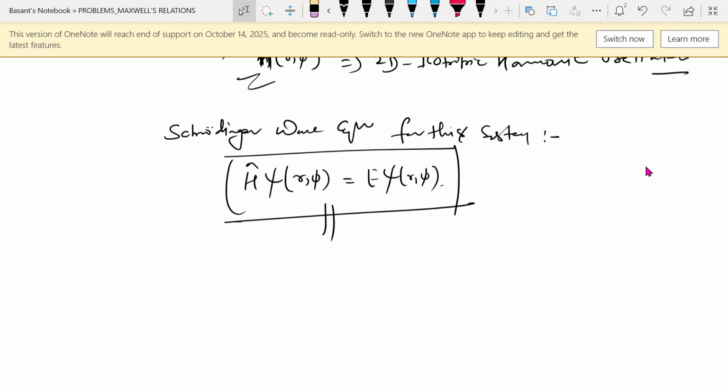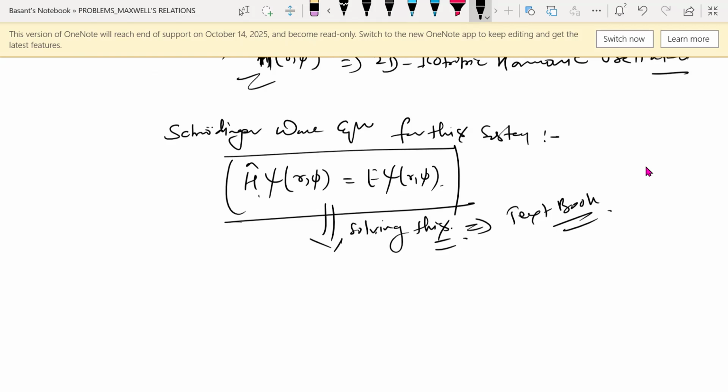And by solving this, you can consult any textbook in which this is given. So, by solving this, we get two things here. First is energy, and second is wave function.